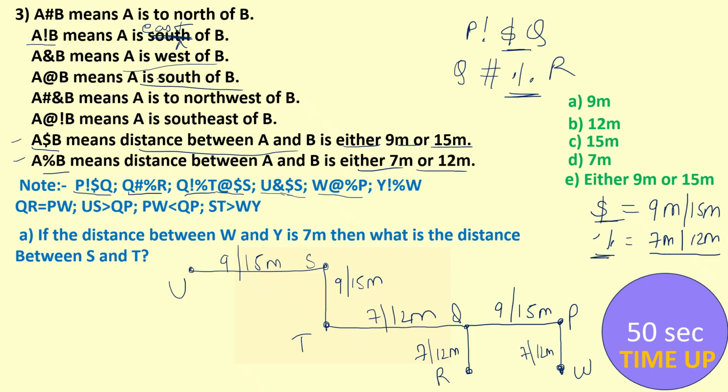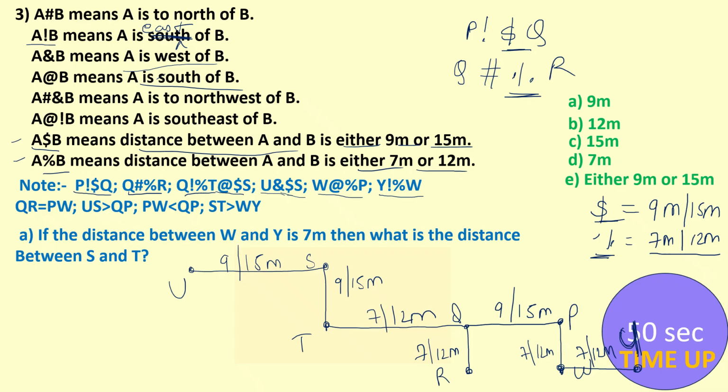Next, Y explanation percent W. So Y is to the east of W by 7 or 12 meters. So Y will be here somewhere at 7 or 12 meter. Understanding? So this diagram you will get.